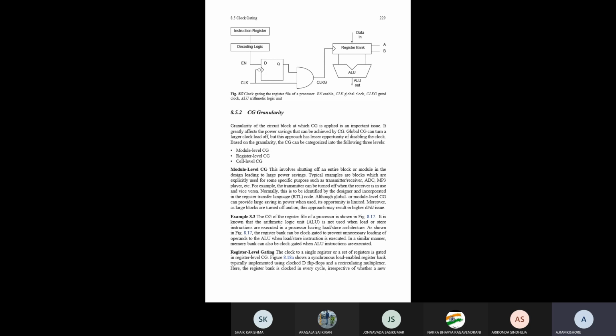Examples of such blocks, used for specific purposes, are the transmitter and the receiver, and the analog to digital converters.